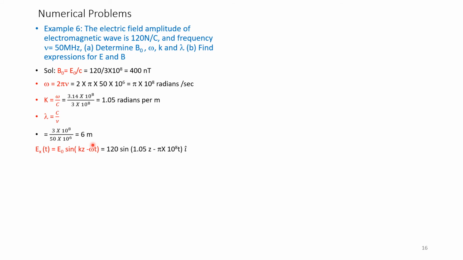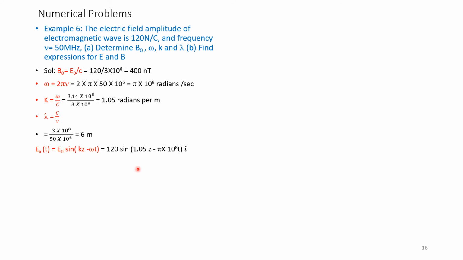We know E x t is given by E x t is equal to E naught sine of kz minus omega t. That is equal to 120. We have found E naught is given as 120 newton, sine of k we have found 1.05, z as it is variable, minus omega.